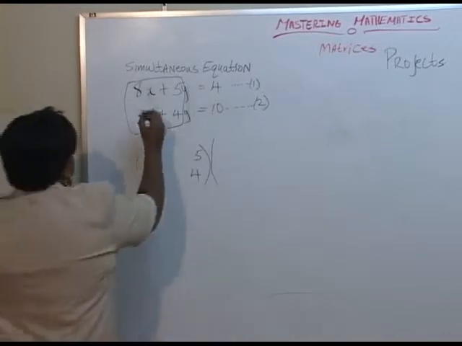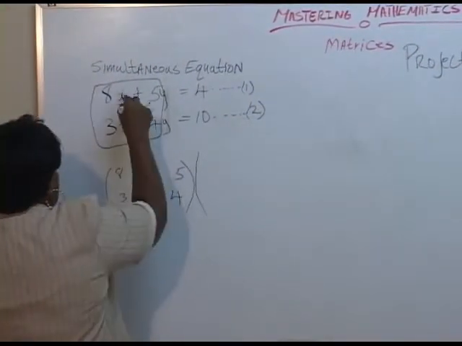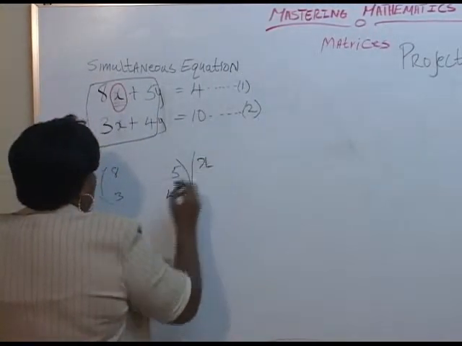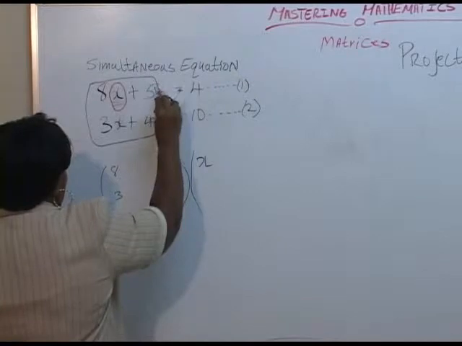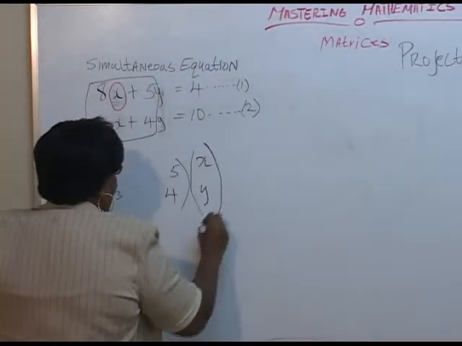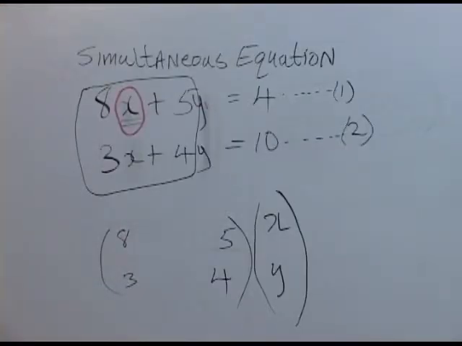The first variable is written first, so the x will be the first variable, and our second variable comes in the second row, the y. So that is the first step in what we have done.